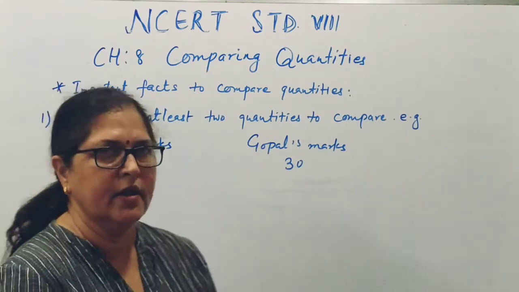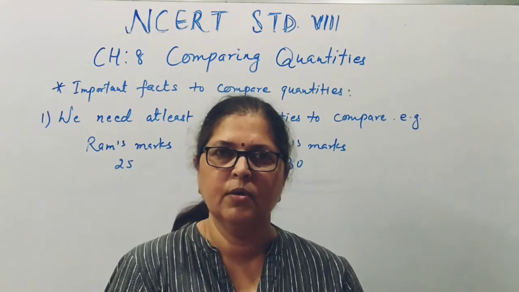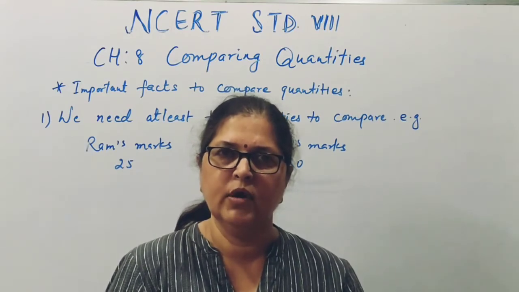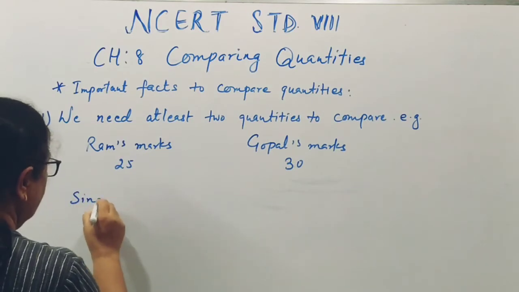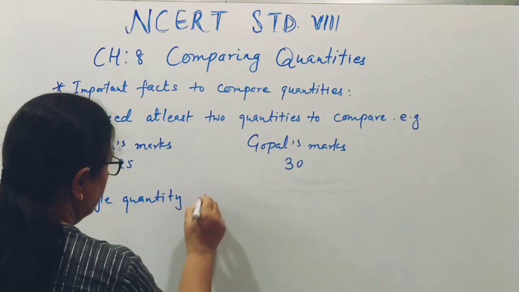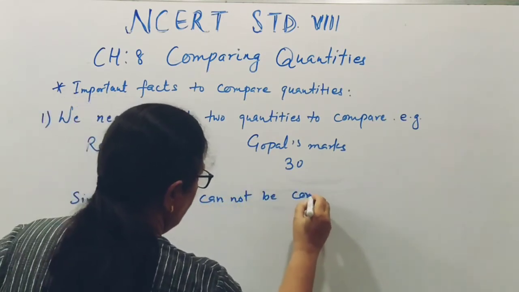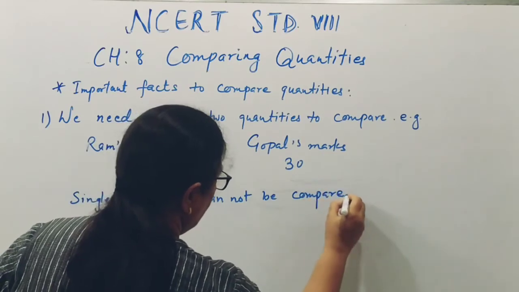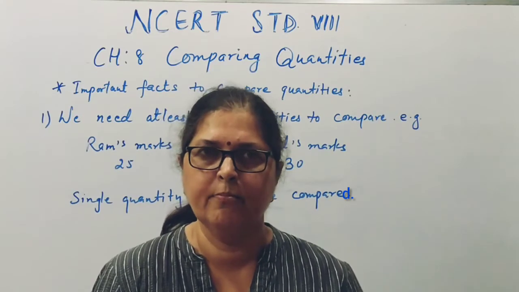Here we are comparing the marks of two students. We cannot compare a single quantity. So at least we need two quantities to compare.